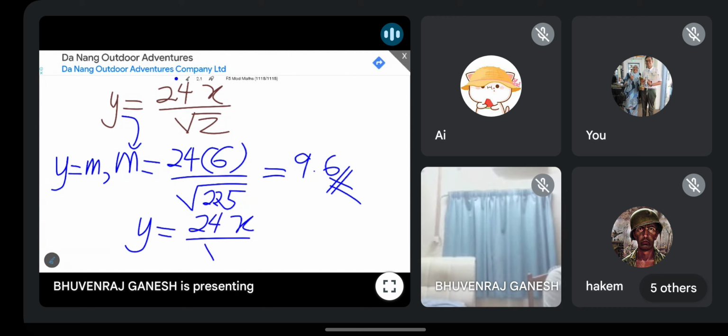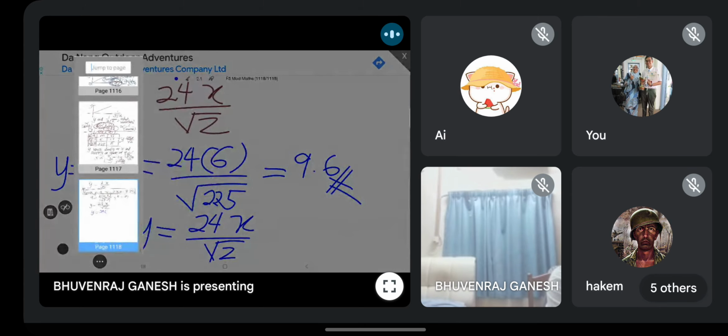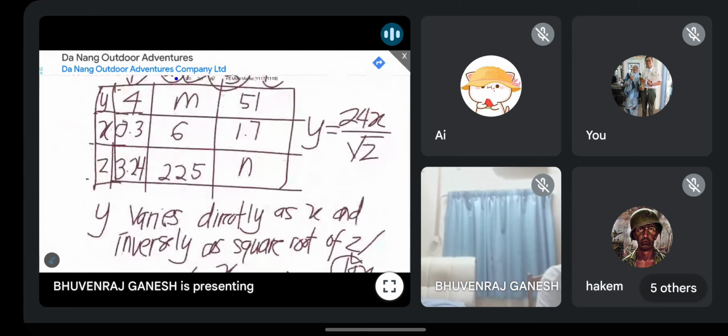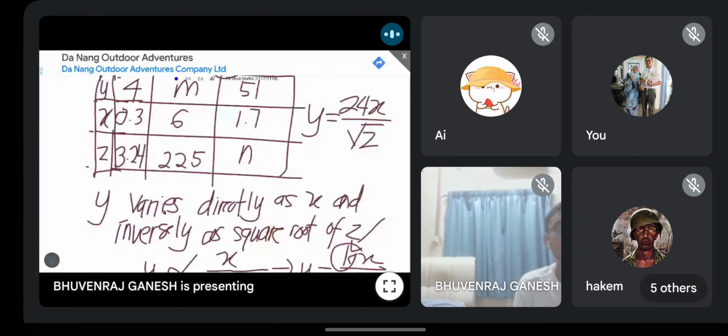Next one, you use back the equation. You have to find n now. Find the value of n. Based on this, can anyone tell what your n value will be? n will be your z value.